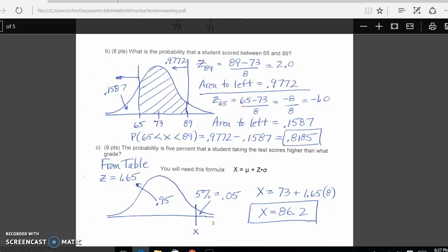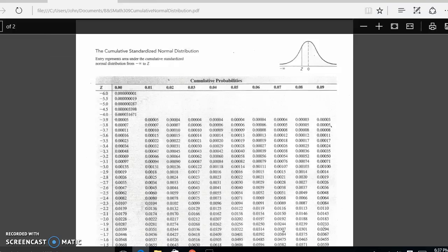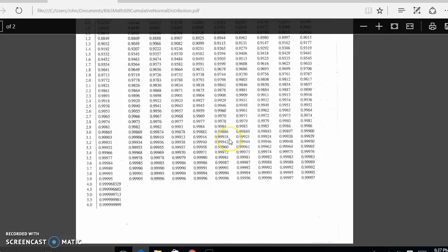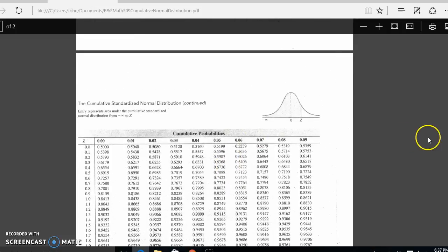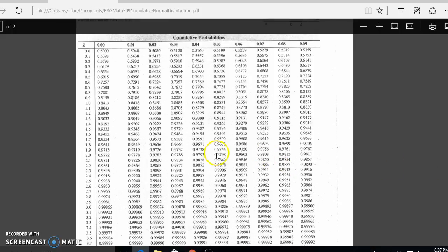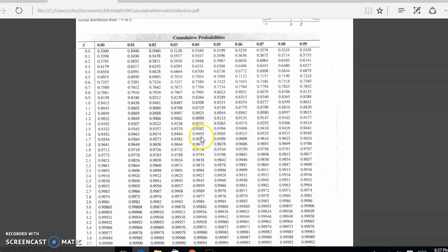So we are going to go into the table, and we have to go to the second page. We want to look for the value inside the table of 0.95, and we see that it sits right between these two values here. And I'm going to use the second one right here.